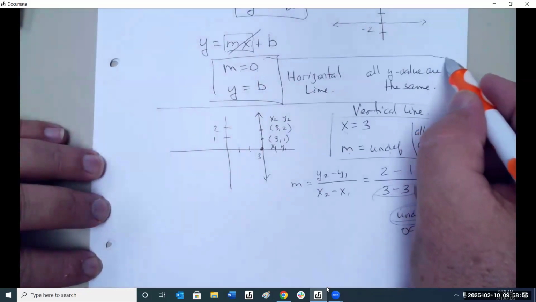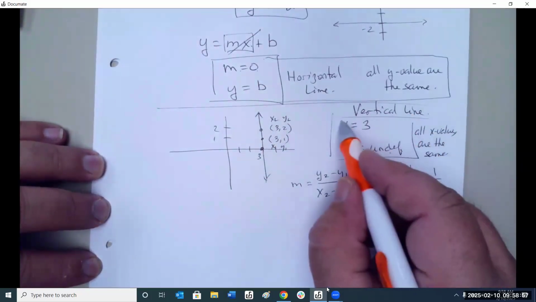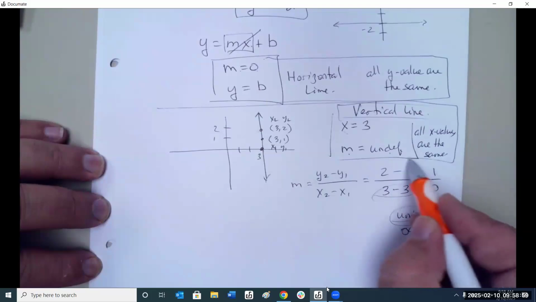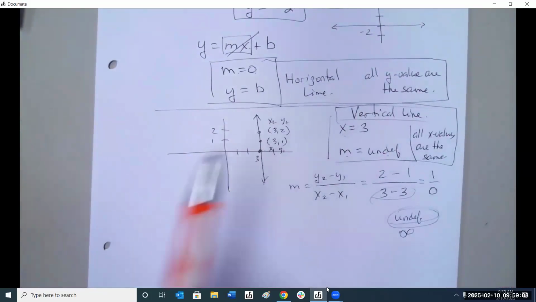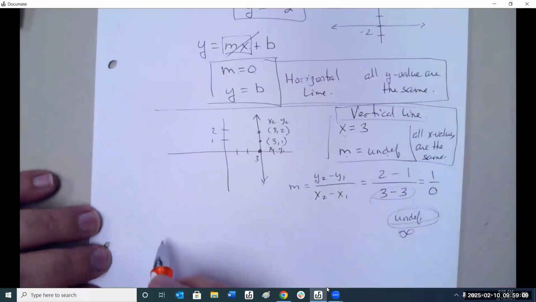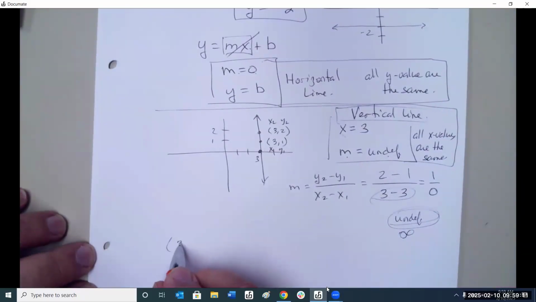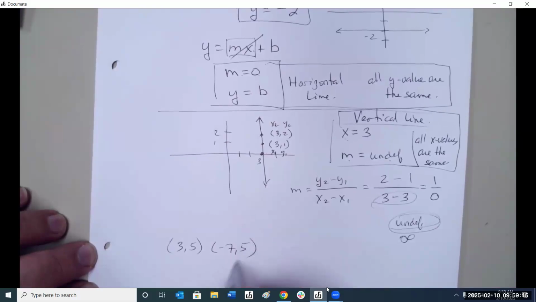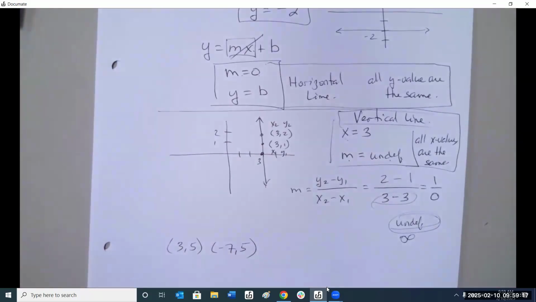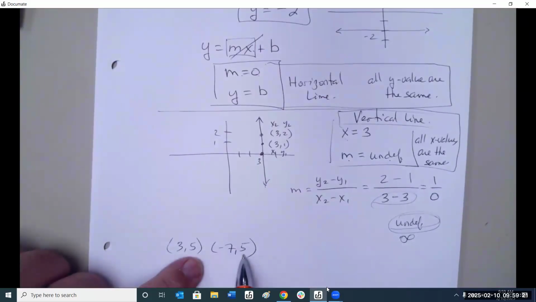So, as simple as these sound, the better you understand this connection between them, the easier this part's going to be. If I give you a bunch of points, if I give you 2 points, what do we know about that graph? It's horizontal because the y values are the same.